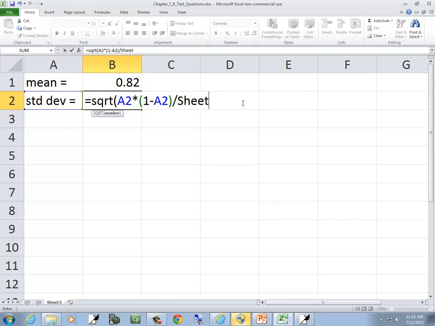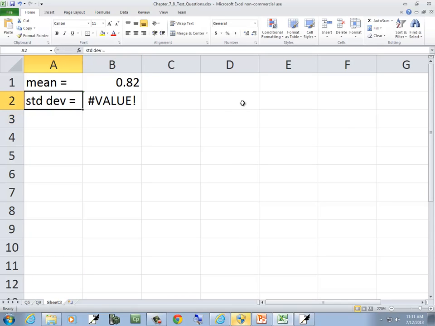So divided by 105. What does it look like? Okay, A2 times 1 minus A2 divided by 105. I don't see anything wrong there. Oh, A2. I messed up. B1.